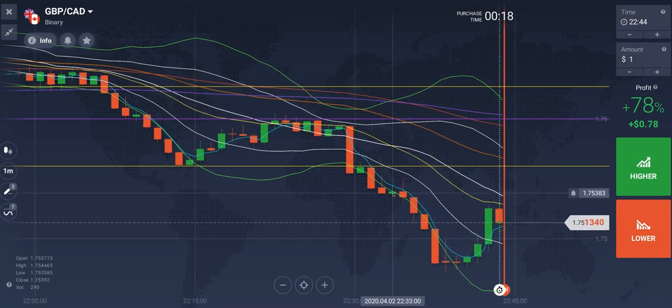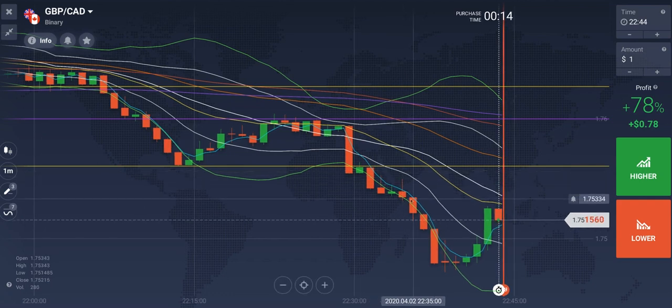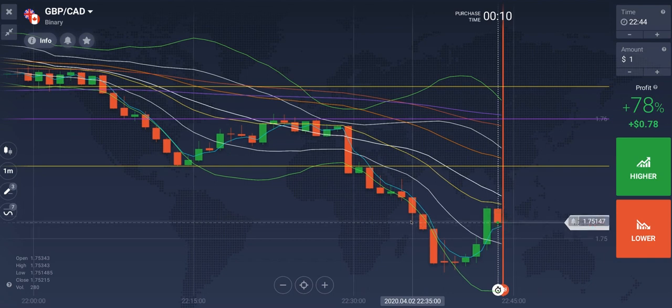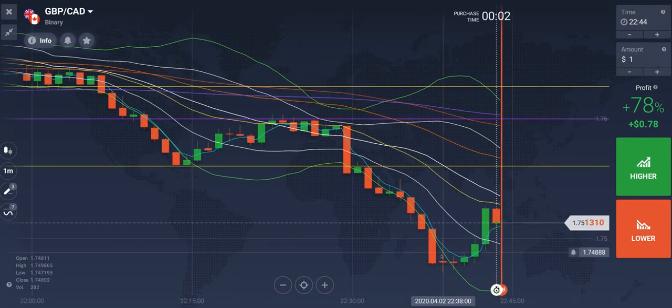continuation, pullback, but the buyers are weak: lower low, lower high, lower low, lower high, and so on. And then you need to understand the difference between an exhaustion candle and a power candle.